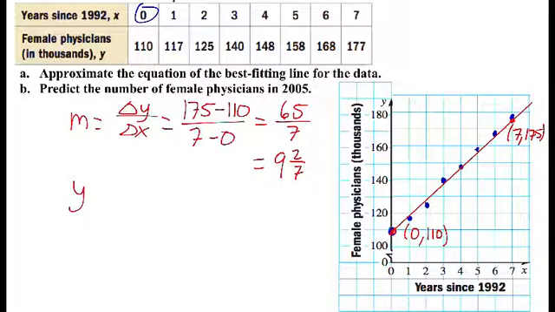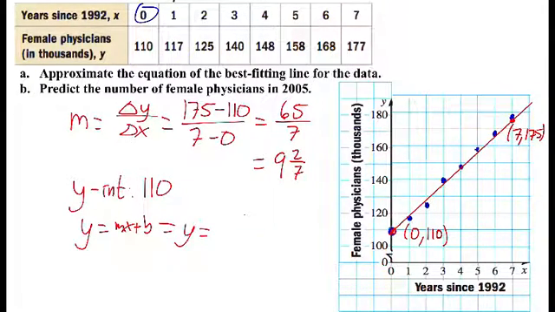The y-intercept, again, where our graph crosses the y-axis, that's just at 110. So for our equation, y equals mx plus b, we're going to use y equals 9 and 2/7, or honestly, we can probably just leave it as 65/7, x plus our y-intercept of 110.